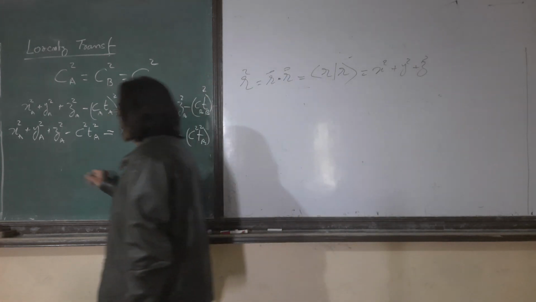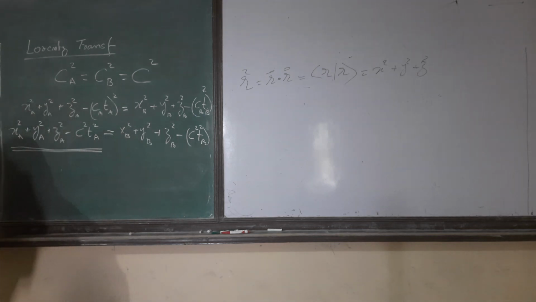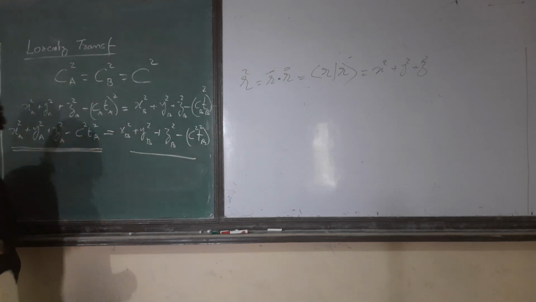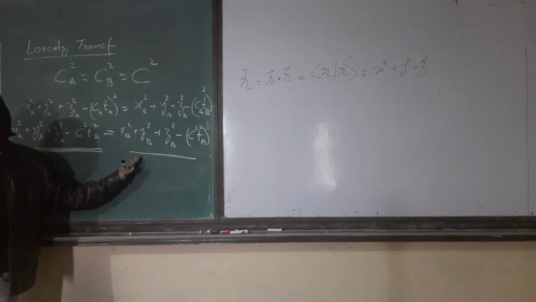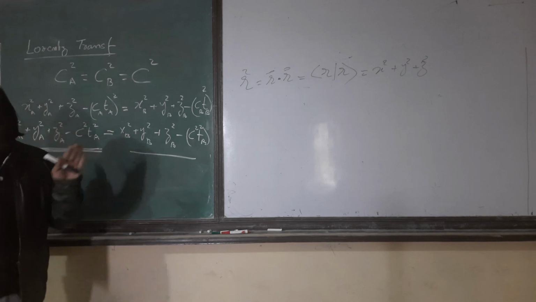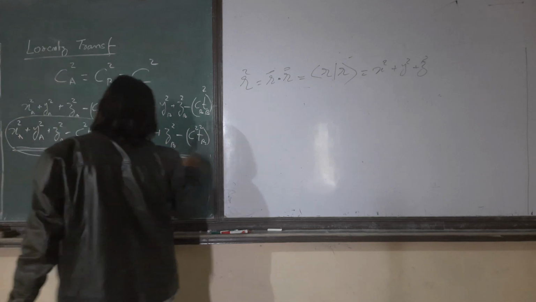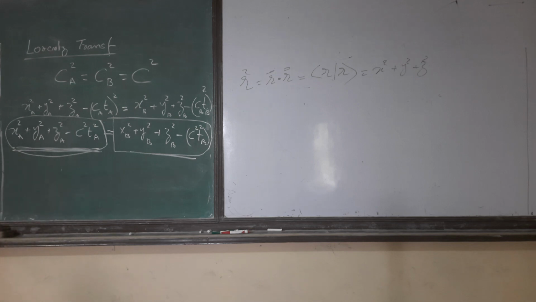So it means for all observers, if this is a component, as if this is length, this result is for observer A, this result is for observer B, and the total length is constant.